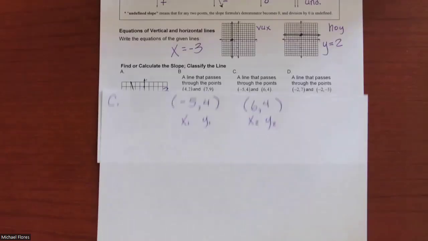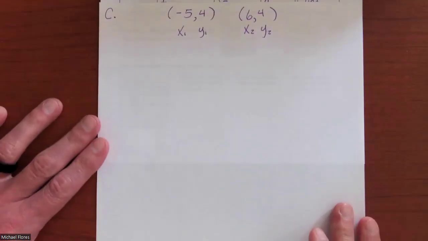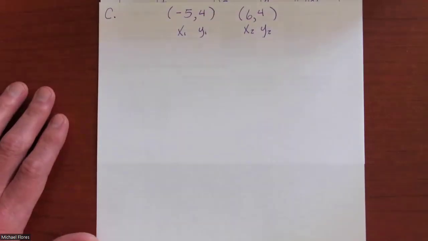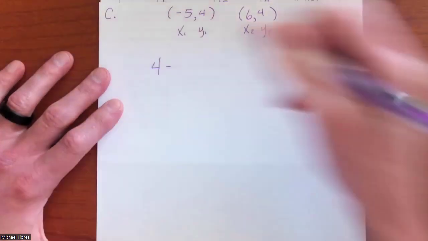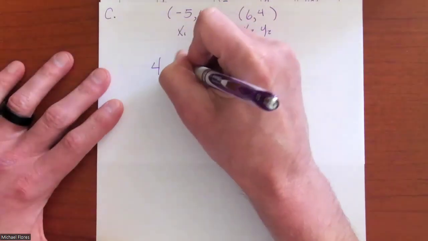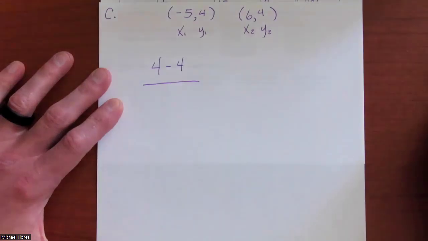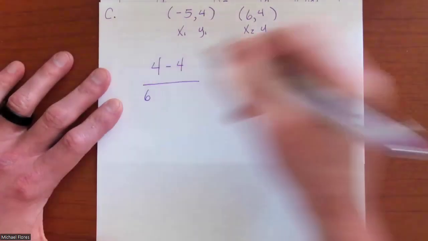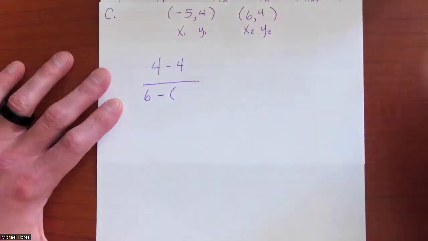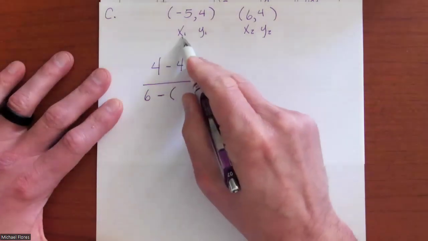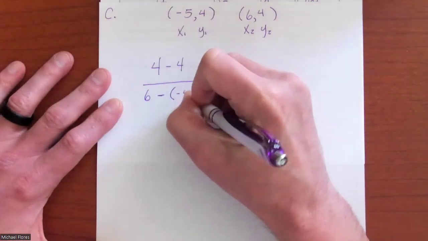Example C. It has given us another set of ordered pairs. We are going to have to plug this into the slope formula. Let's start with y2 minus y1 over x2, watch this, minus, now I'm going to open a set of parentheses, because notice our x1 is -5.